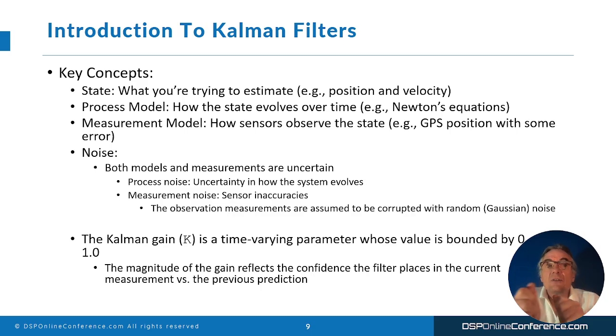So depending on the value of the Kalman gain, we either give more weight to the prediction or more weight to the measurement. And the question is, how do we compute that?